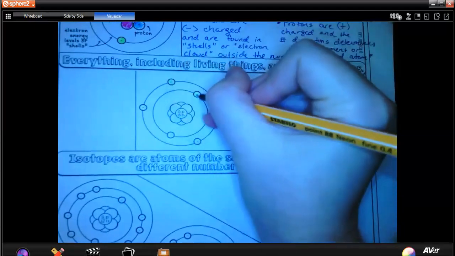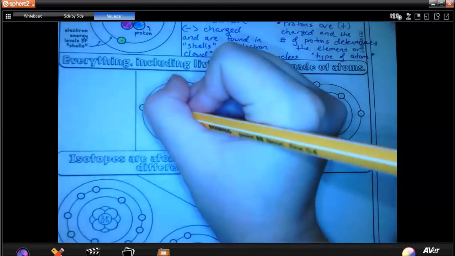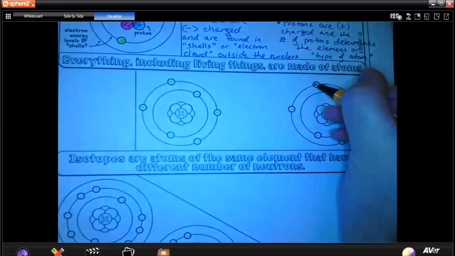That's what makes up an atom. Isotopes are atoms of the same element that have a different number of neutrons. So let's look here. We have our element, and I'm going to take the time really quick to squiggle in my electrons as green, just to give some visual interest.